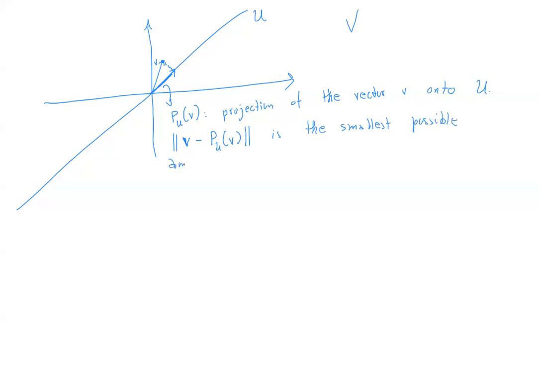among all distances V minus u for u in U. And that's a crucial thing that is being used very regularly in the process of approximation.